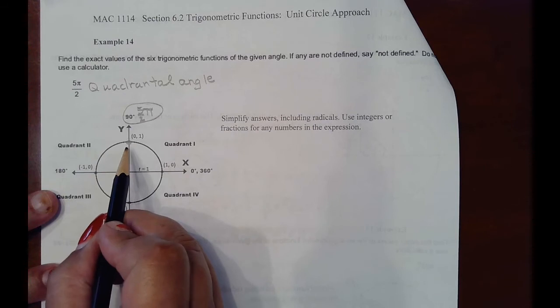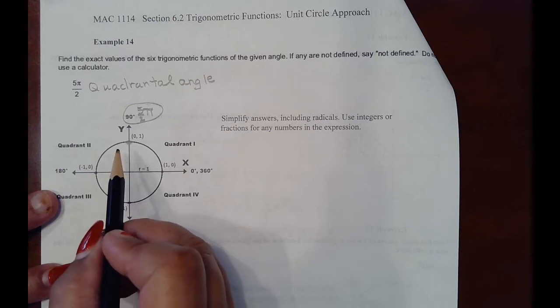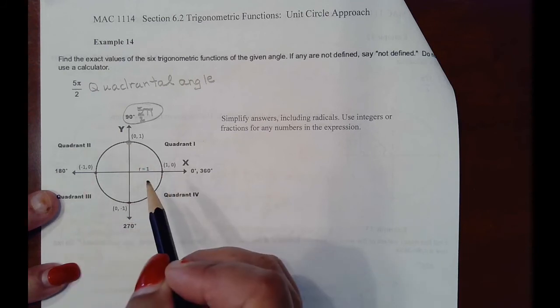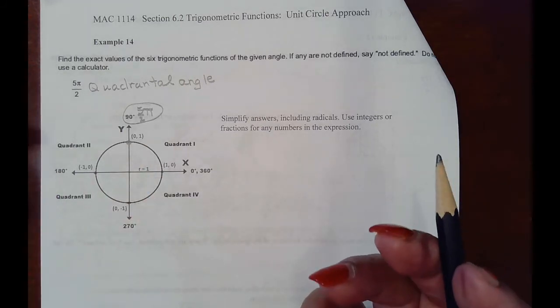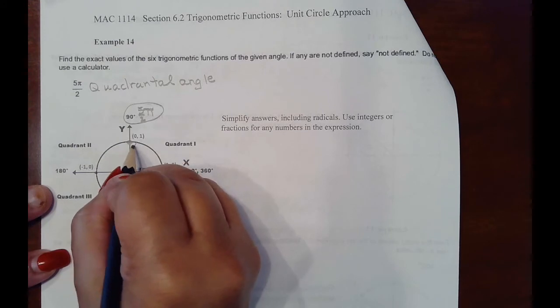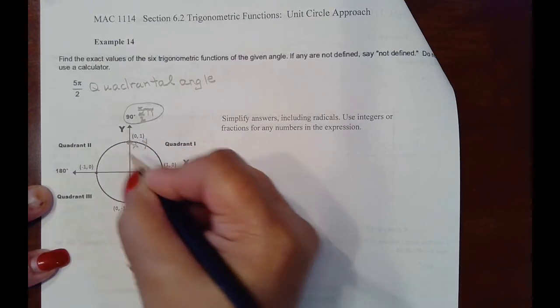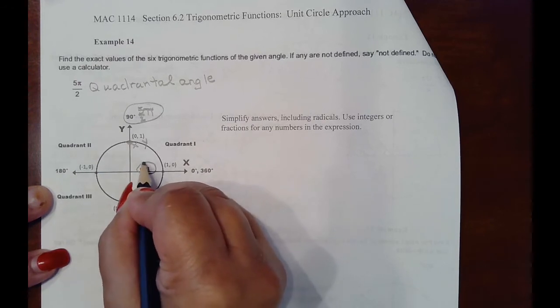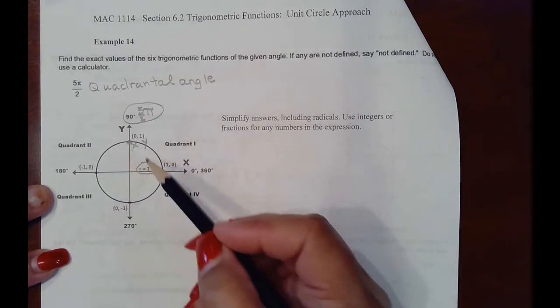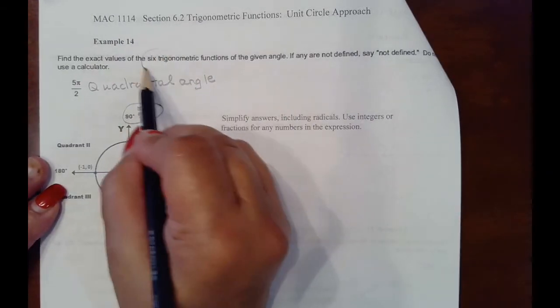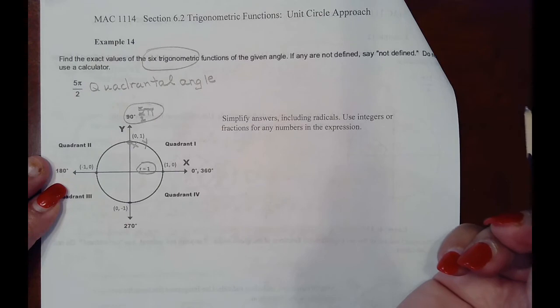But when you're at a quadrantal position, in other words, right on an axis in a unit circle, then you're talking about all zeros and ones. X coordinate is 0, y coordinate is 1, and of course the radius is 1. And it's nothing more than x's, y's, and r's that get you all 6 trig values. That's what you've been asked to do again, get all 6 trig values.